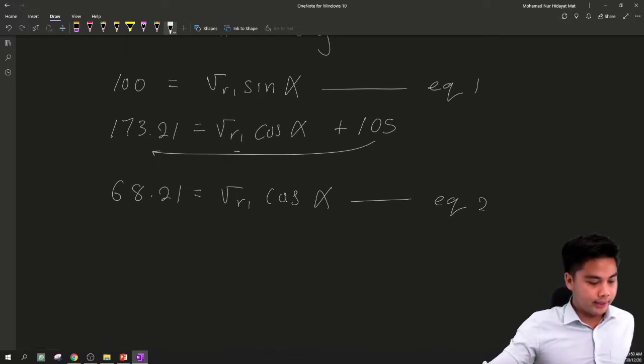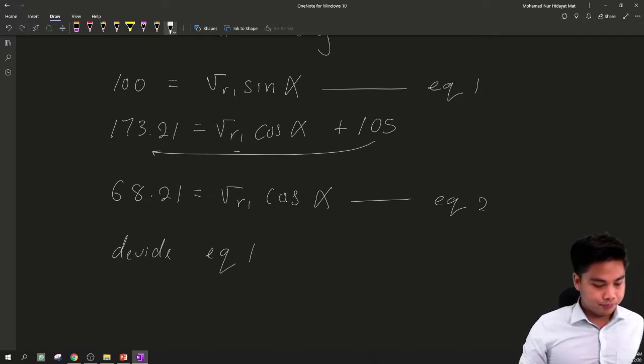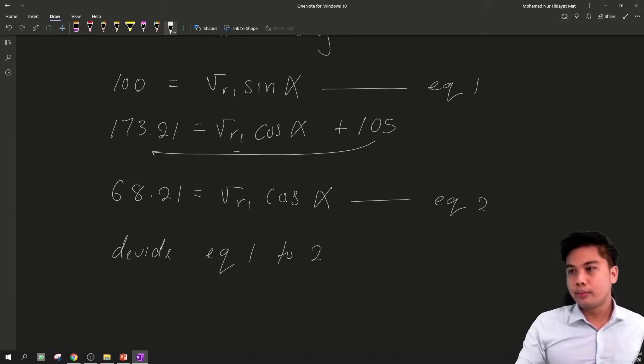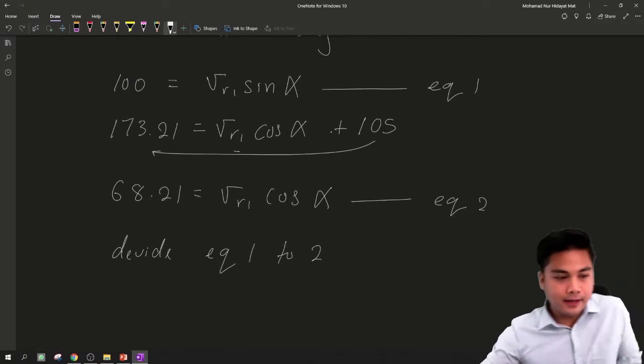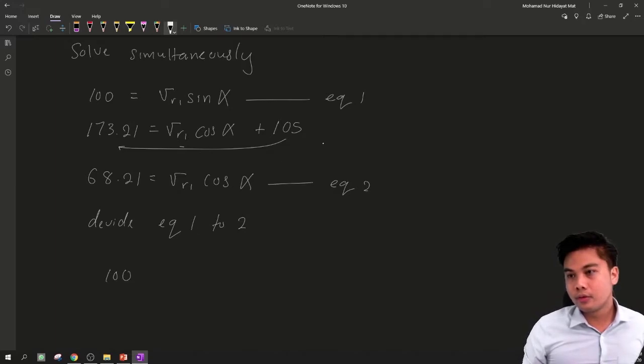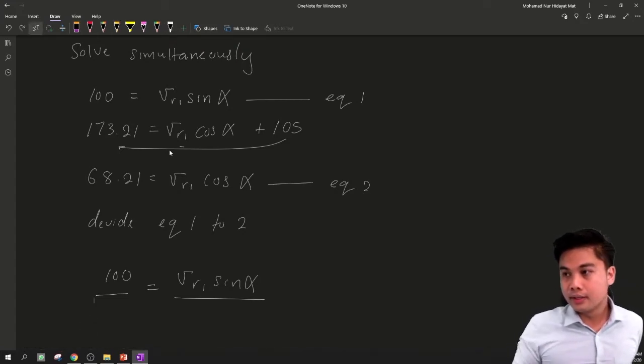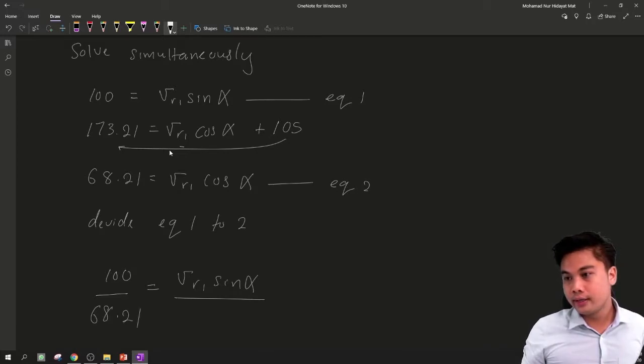Once you have this as equation 1 and this as equation 2, you can divide equation 1 by equation 2. So 100 over 68.21 equals VR1 sine alpha over VR1 cos alpha.